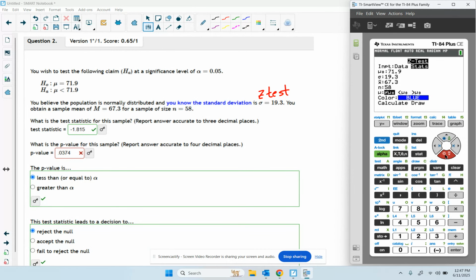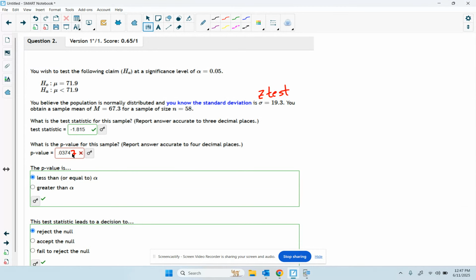I'm trying to show that my mu alternative is less than the null. So I calculate, and I get my test statistic. Three decimal places would be negative 1.815, which is perfect. And then my p-value would be 0.0347. I think you need one more decimal place here.